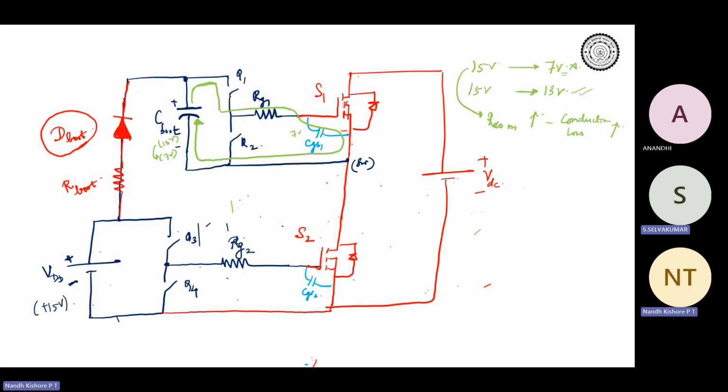There are a lot of them in the market. They will tell that it is rated for 300 volt or 600 volt, which means the diode inside it is rated for that voltage. And in some gate drivers, you can add the D boot externally. So according to your requirement, you can buy a D boot rated for whatever DC voltage and attach it.